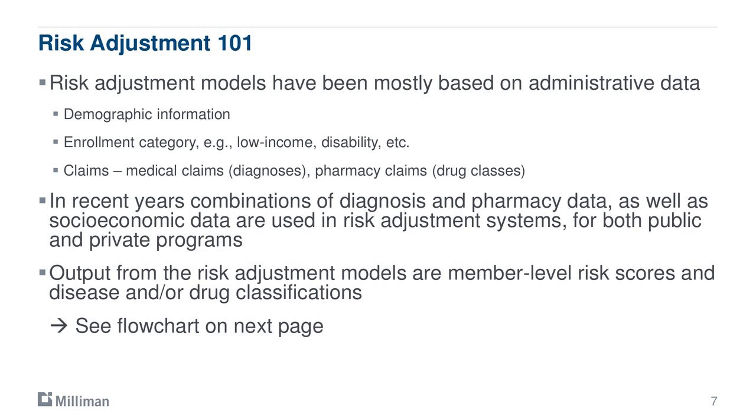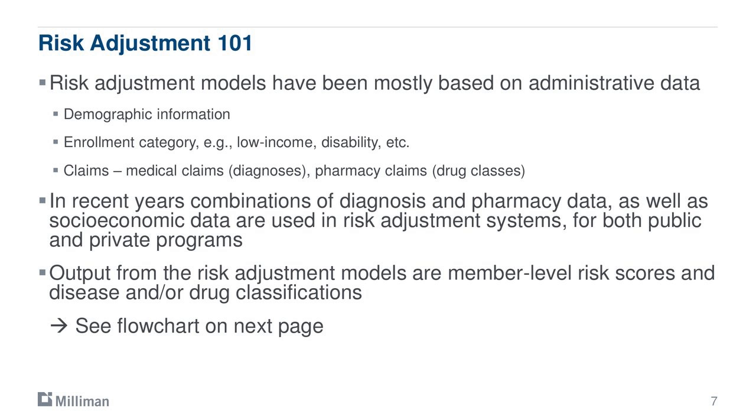The enrollment category, such as low income and disability, those are the factors that show up in the Medicaid ACOs or in the CMS HCC model that's used by Medicare ACOs. Disability also is a factor in the Medicare risk adjustment for Medicare ACOs. Disability and low income are both important factors in Medicaid as well. So those are the information that people could obtain from administrative data.